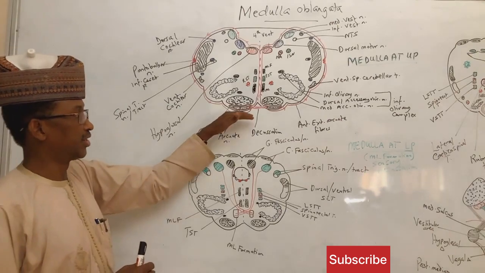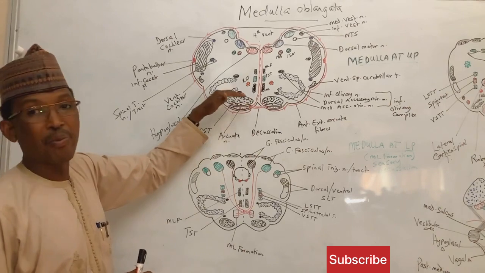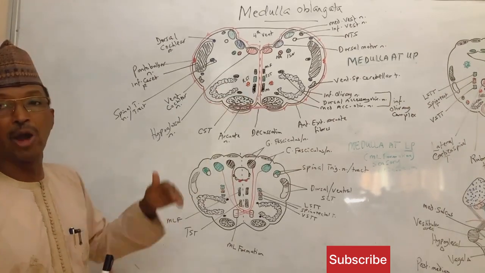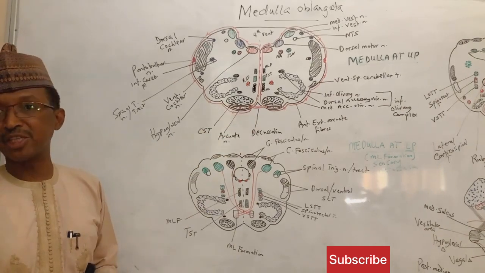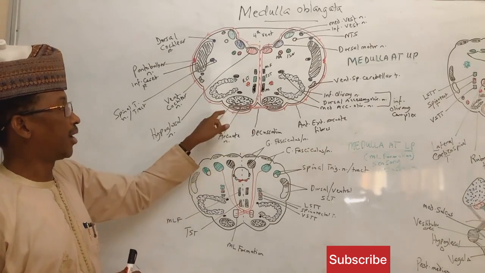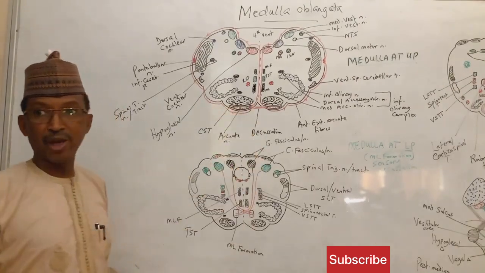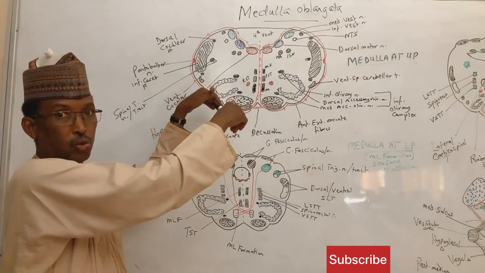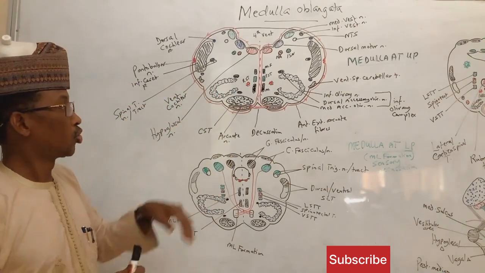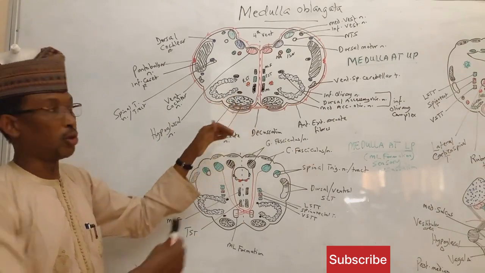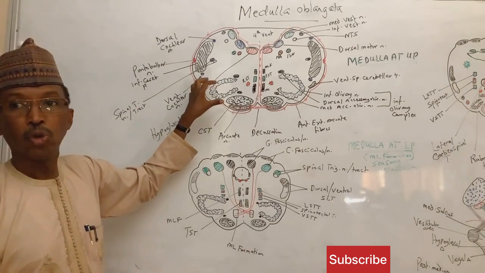So let me begin the discussion of the medulla oblongata at the level of the open part of the medulla oblongata. You are all aware that I discussed the ventral aspect of the medulla oblongata, where I discussed the pyramids, closer to the midline. And these pyramids, as I said, contain the corticospinal tracts, those fibers that come from the cerebral hemispheres and what have you. So we have the pyramids lying anteriorly closer to the midline, and on the lateral side of the pyramids, you have the olive, you understand?